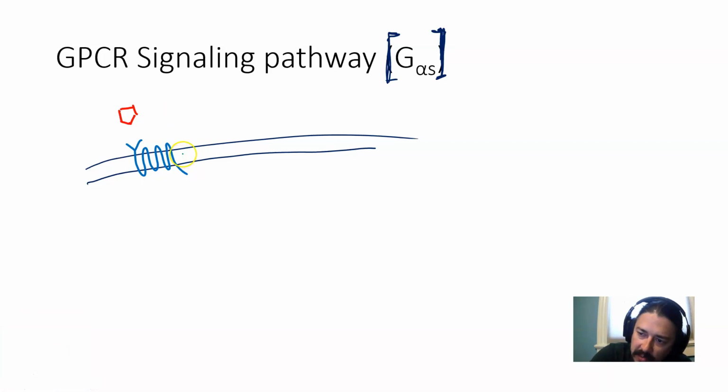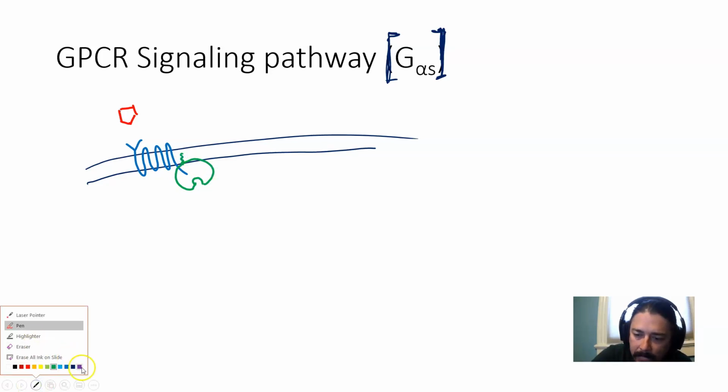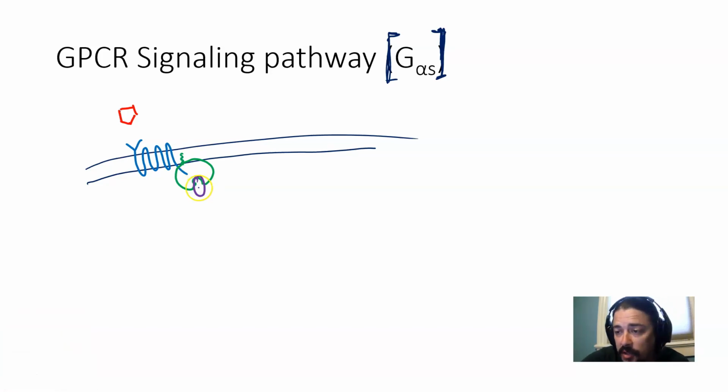These G proteins have a little hydrophobic tail made of a lipid that allows it to embed within the membrane. And then, of course, it has a little binding site for GDP or GTP. We'll start off with GDP in there. Maybe I can write that a little more clear in a different color.